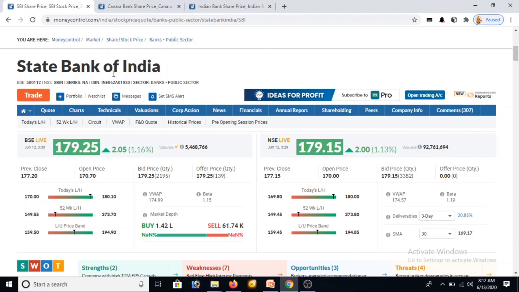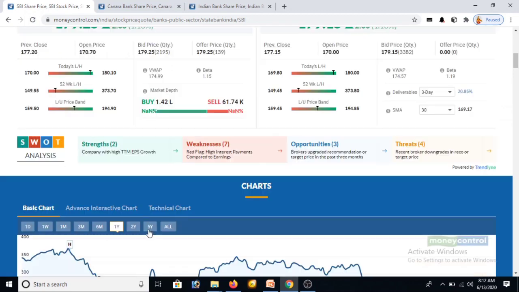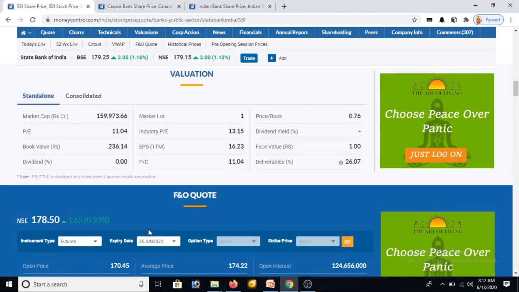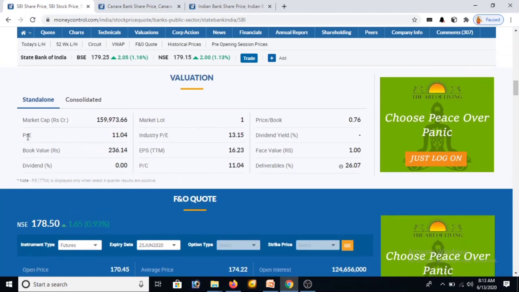For that, normally we have to compare the company PE with that of industry PE. When we scroll down to the valuation part, we can see the company PE. In the case of SBI, it is 11.04 and the industry PE is 13.15. So we have to compare the company PE with that of industry PE, and we also have to compare the company PE with that of peers.